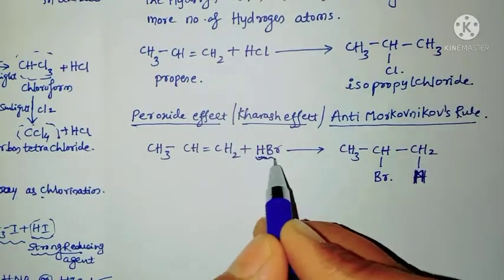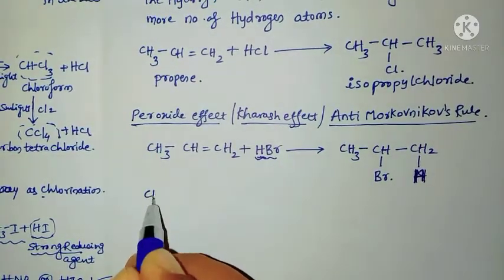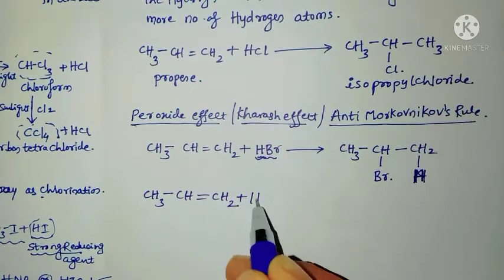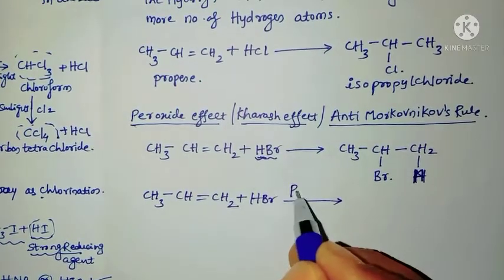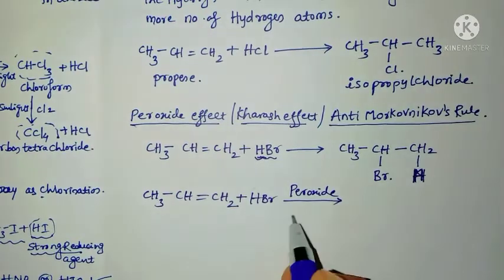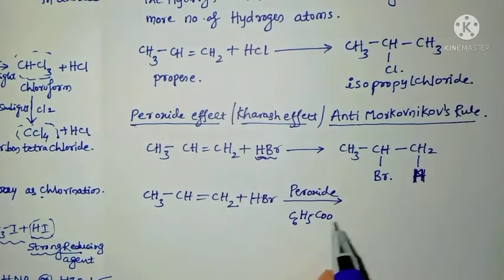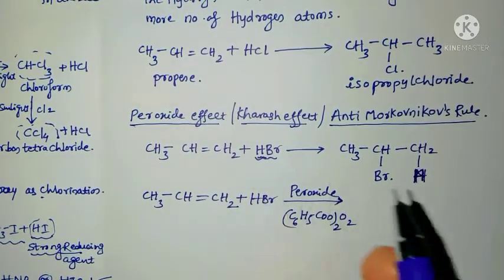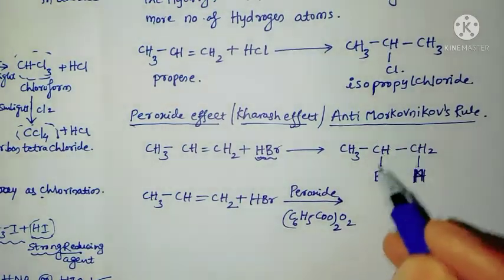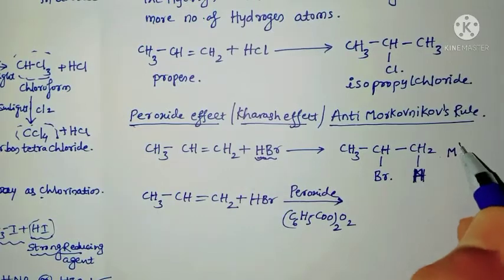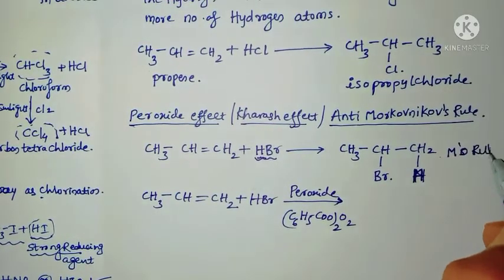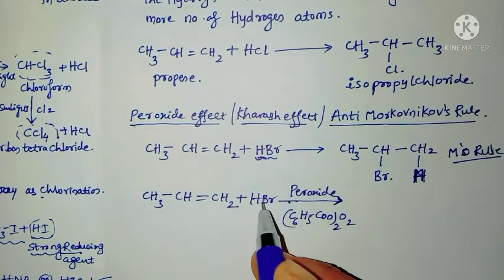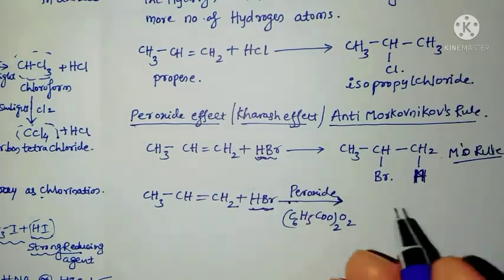In the case of the addition of HBr, if we use CH3 CH CH2 plus HBr and a peroxide is given here, such as C6H5COO peroxide, the addition is against Markovnikov's rule.